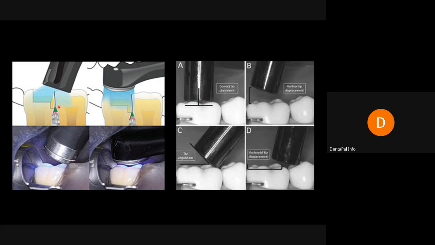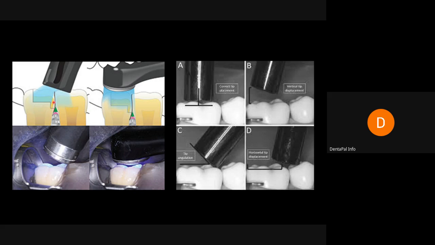Like if I am using this tip, which is small, and at the same time I use it not perpendicularly, but obliquely, laterally applied, then look here, the light will affect part of the class 2, and this composite in the shadow will not be polymerized.